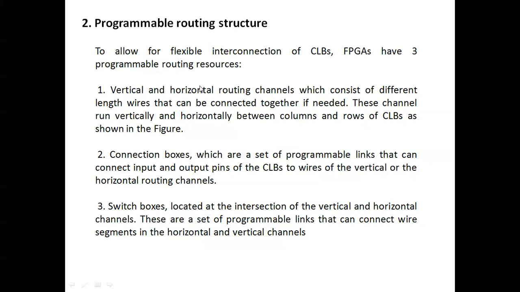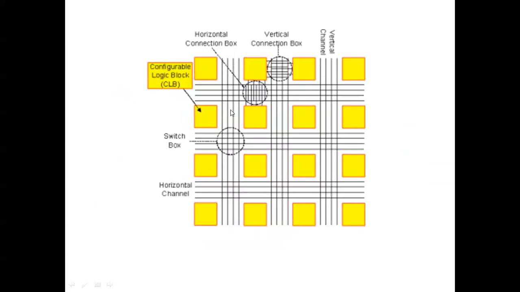Next, the programmable routing structure. The routing structure is the flexible interconnection between CLBs. The FPGA has three programmable routing resources. One is vertical and horizontal routing channels. So this is vertical connections, and this one is horizontal connections, horizontal channels.